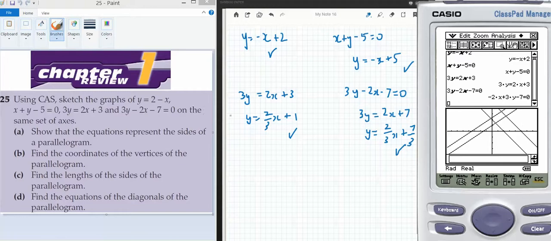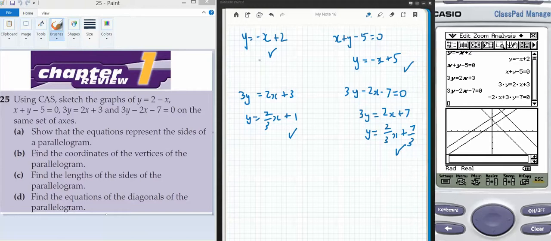So in part A, show that the equations represent the sides of the parallelogram. A parallelogram has 4 sides, and this has 4 sides. For it to be a parallelogram, the opposite sides have to be parallel, and for lines to be parallel, they have to have the same gradient. The gradient of this is m equals -1, and the gradient of this is m equals -1.